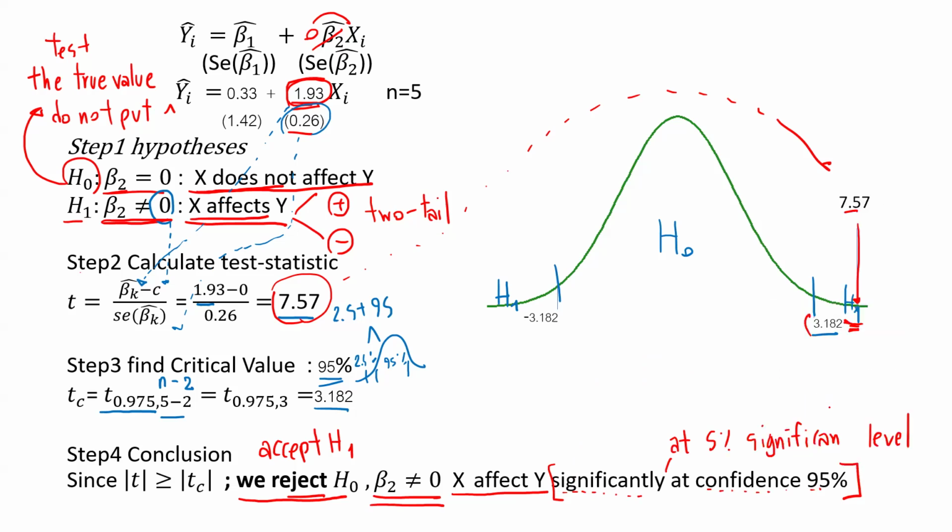I don't know how to write it, significance or significant, I always confuse the two words, but they are the same thing. Or you can write down at alpha equal 0.05. So the keyword is significant.